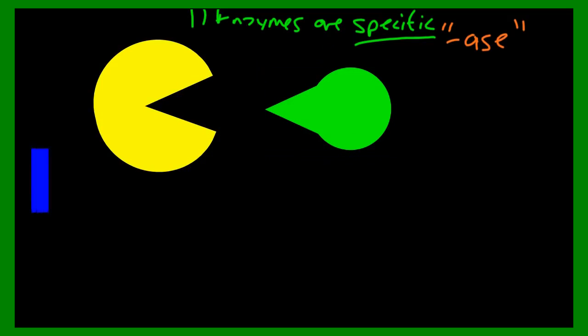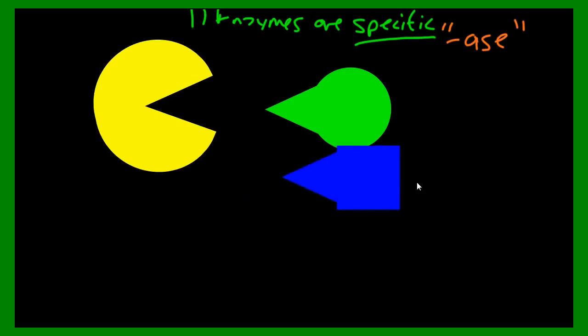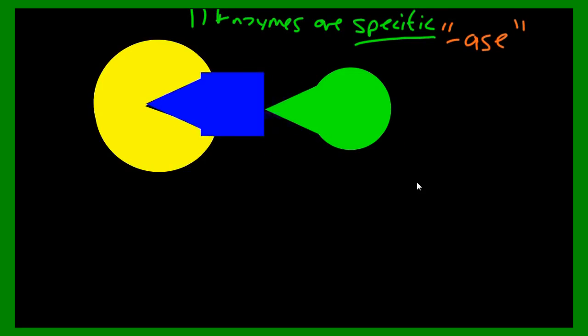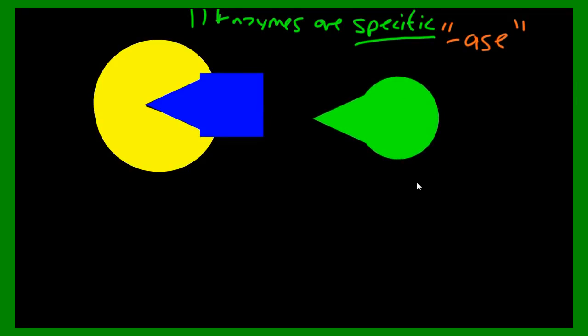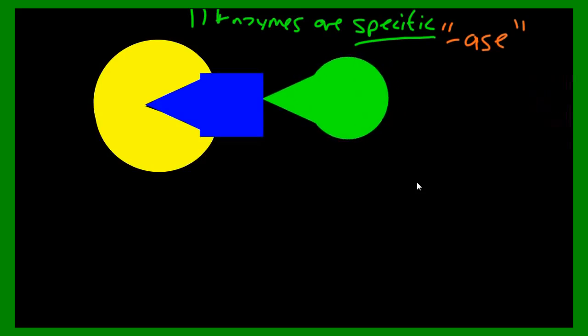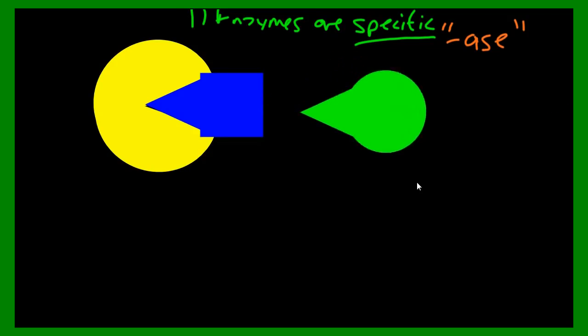If another molecule comes in that's not the same molecule and it has a similar shape, it can block that enzyme from working with the green substrate. This molecule is called an inhibitor. An inhibitor will come in and block the enzyme from working because this substrate can no longer get in to that Pac-Man area.